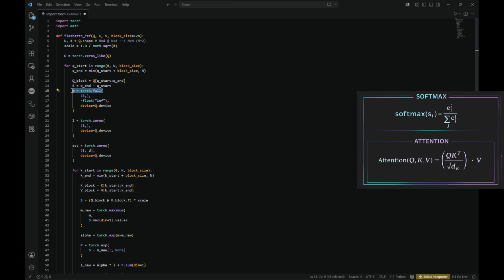For M, this is going to be a running variable. Now, M, L, and ACC, which stands for accumulator, are all of our running dynamic variables, which will change over the loop as it iterates.